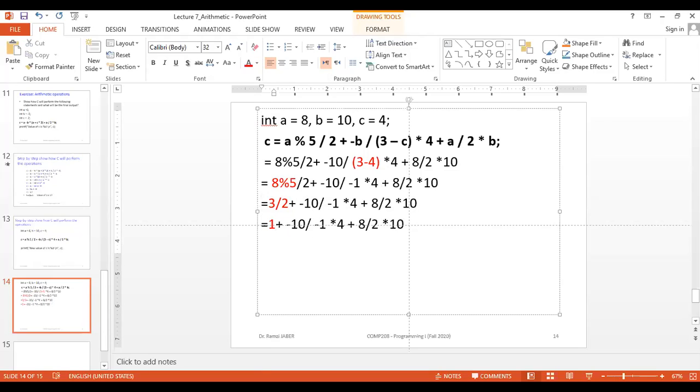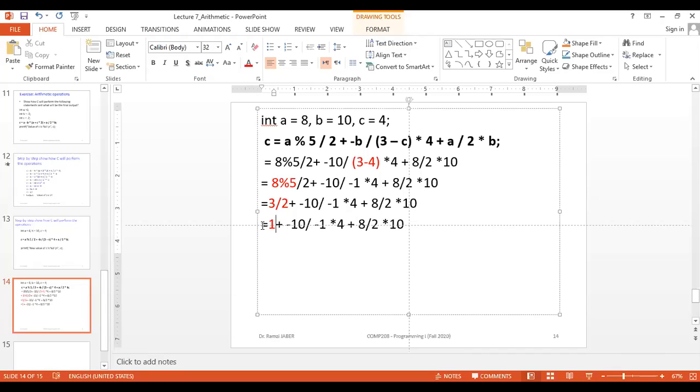It's 1. Integer over integer will give us the quotient, the integer part, not a floating point. Now we have plus, division, multiplication, plus, division, multiplication.